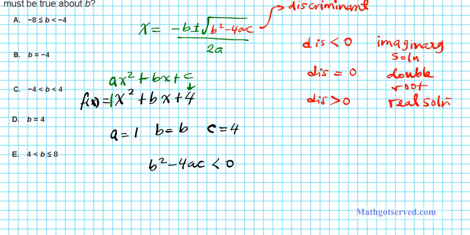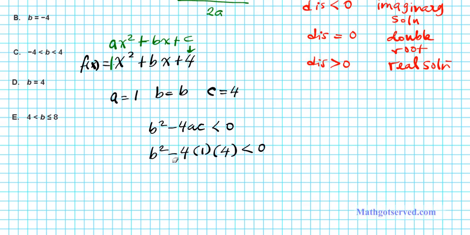Now we are going to plug in the values of a, b, and c into this inequality and solve. So b squared minus 4, a is 1, and c is 4. This is less than 0.